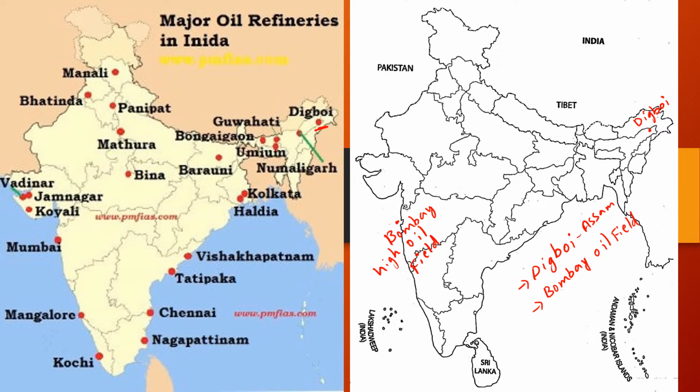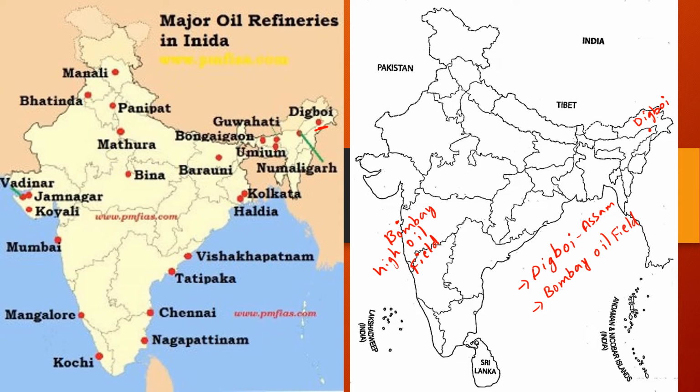There was also another region where petroleum is highly available in India, the deltas of Krishna and Godavari region. The Krishna and Godavari rivers flow through this part, right?